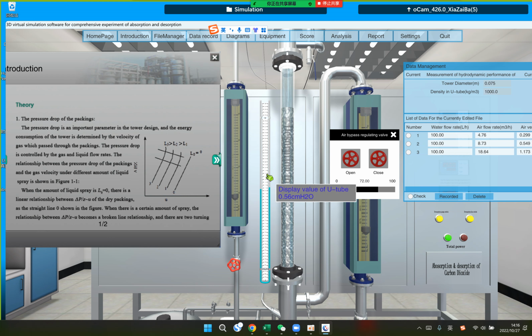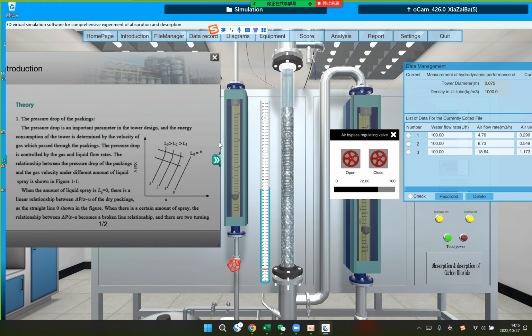And from the observation, if the liquid moves from bottom to top, and even at the top of the tower and the top of the packings the fluid jumps, like boiling, at that stage it's a flooding point.